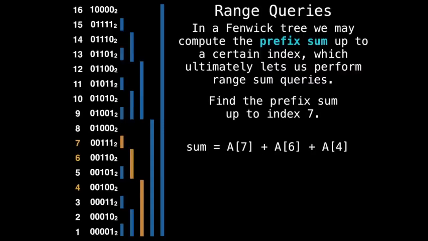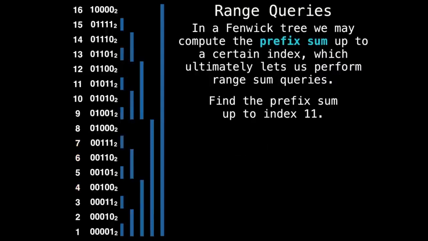We start at 7 and move down to 6, and from 6 we go down 2 levels because 6 has a range of responsibility of 2, and then we're at 4, and 4 has a range of responsibility of 4, so that brings us all the way down to 0. We're always going to be able to go from where we are all the way down to 0. So the prefix sum for 7 is the array at index 7 plus the array at index 6 plus the array at index 4.